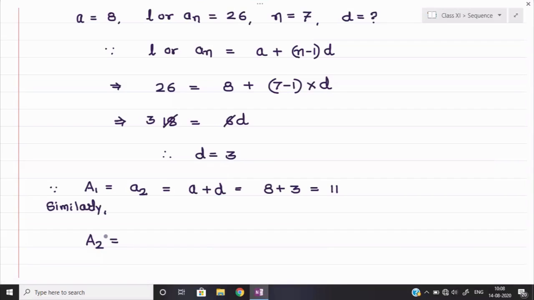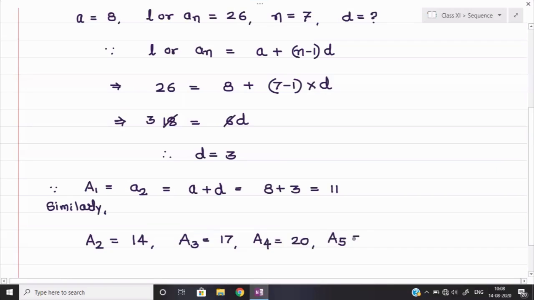So in 11, if I add 3, I will get the value of a2, that will be 14. Value of a3, that will be here 17. Value of a4, we can say it will be 20, and the value of a5 will be equal to 23.